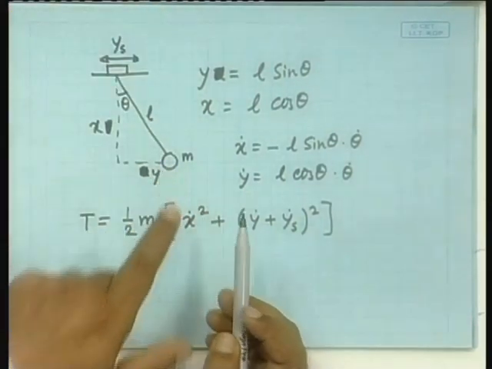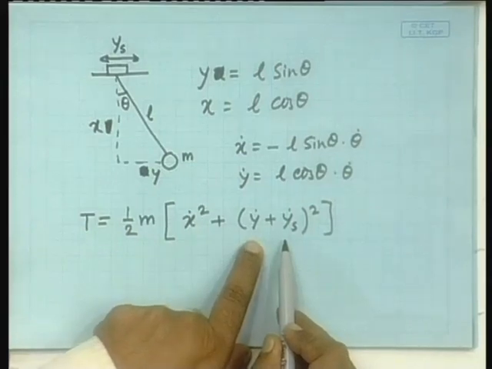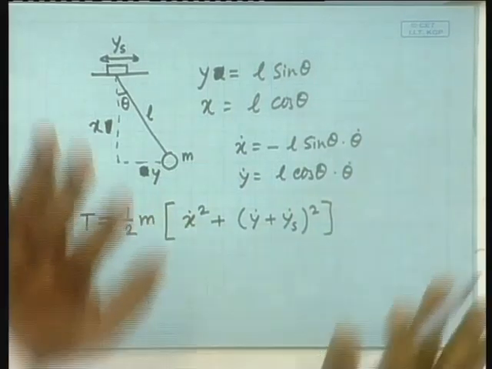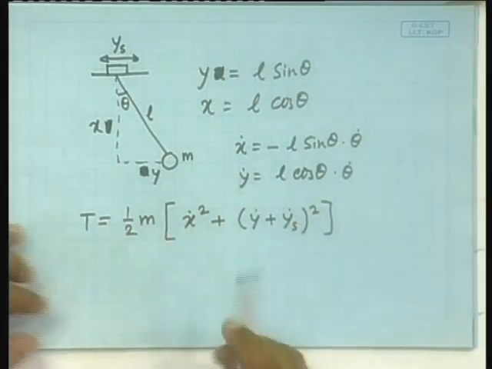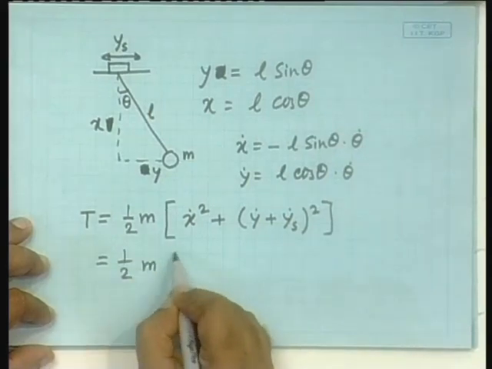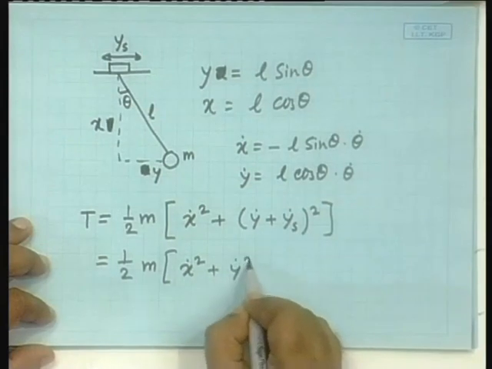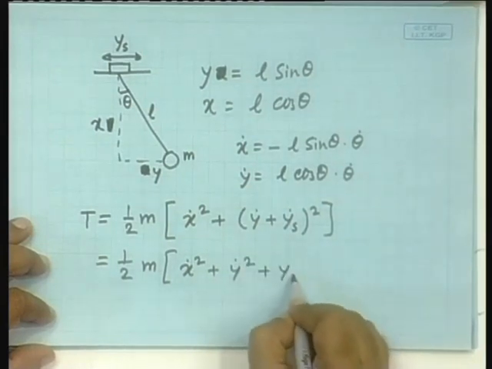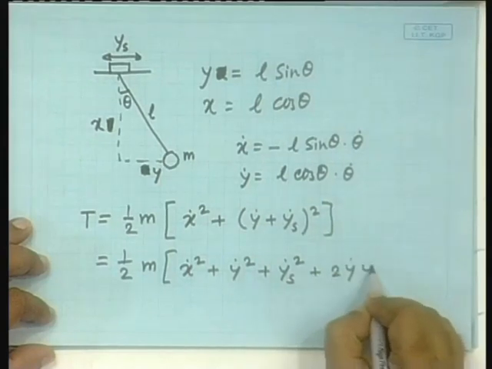So this fellow will actually move with this velocity in the y direction, and x dot square plus y dot square is the actual velocity square. That is what we need. Clear? So let us break it up. You have half m (x dot square plus y dot square plus ys dot square plus twice y dot ys dot).